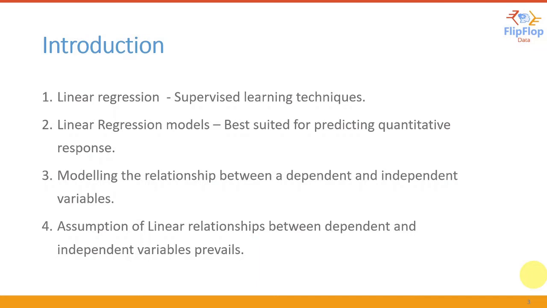It is a linear approach to modeling where the relationship between a response variable, that is the dependent variable, and one or more explanatory variables, that is independent variables, is modeled. So it strongly considers a linear relationship between dependent and independent variables. Consequently, the importance of having a good understanding of linear regression cannot be overlooked.